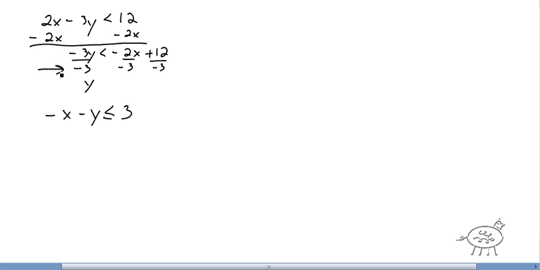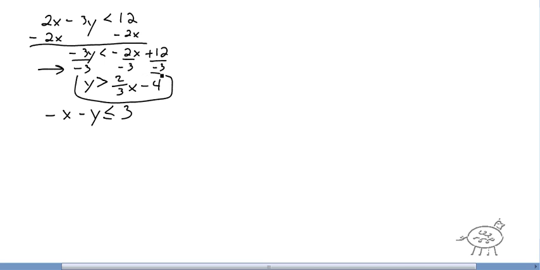Do not forget that step. We divided by a negative number, so you have to switch around the inequality sign. That is so huge. You cannot get the problem correct unless you follow that rule. It's just wrong. You'll shade the wrong area and the whole problem's wrong. So y is greater than positive 2/3 x minus 4.